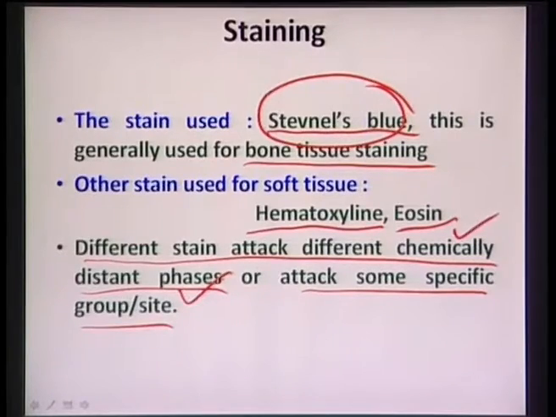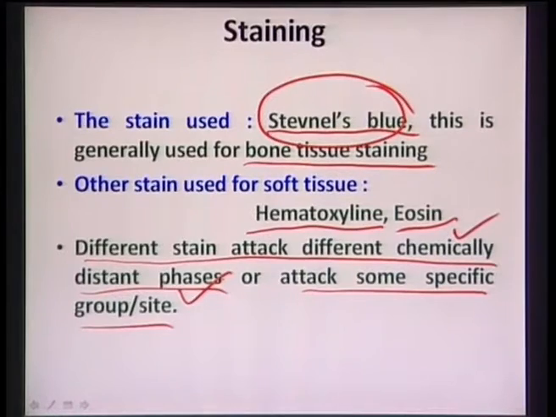Different stains attack chemically distinct phases or specific groups or sites. Like an etchant in metals and ceramics chemically attacks the different grains and reveals the grain boundaries, here the stains attack chemically distinct phases. Mitochondria have a different chemical environment compared to the nucleus per se, so the nucleus will stain differently compared to mitochondria, the extracellular matrix, the actin filaments or the cytoskeleton. Although all these phases are bound in the same cell, they have different chemical compositions, and accordingly they will be attacked in a different manner by the stains.